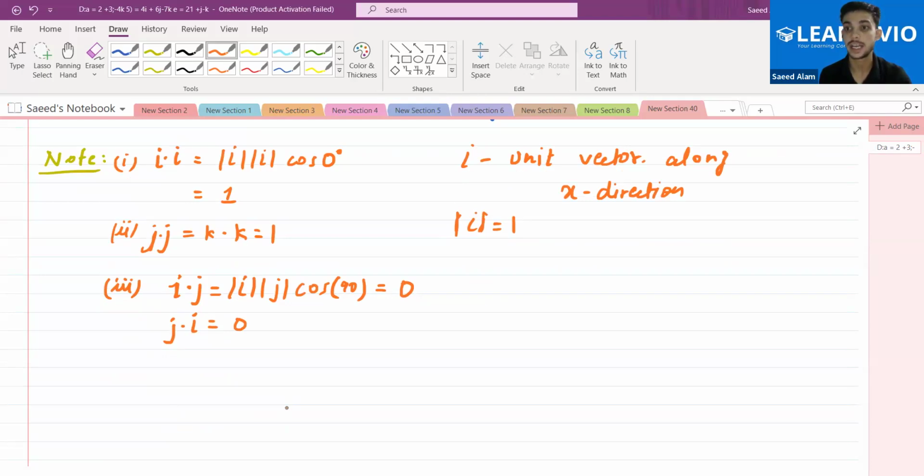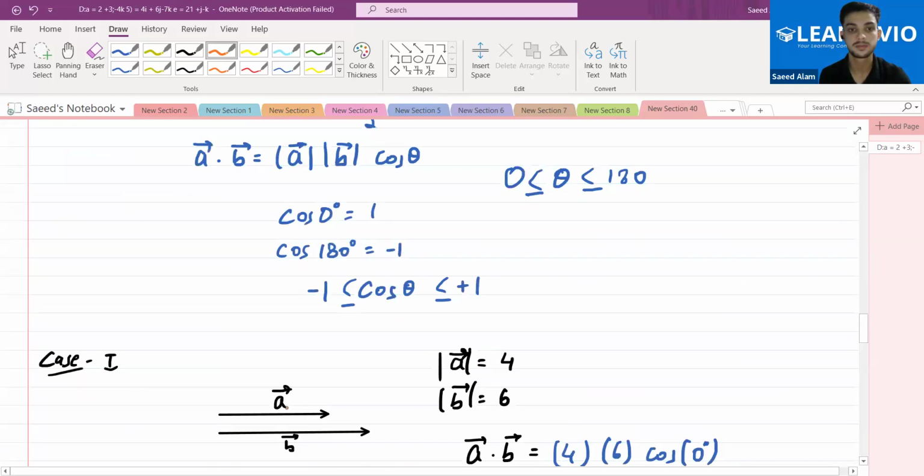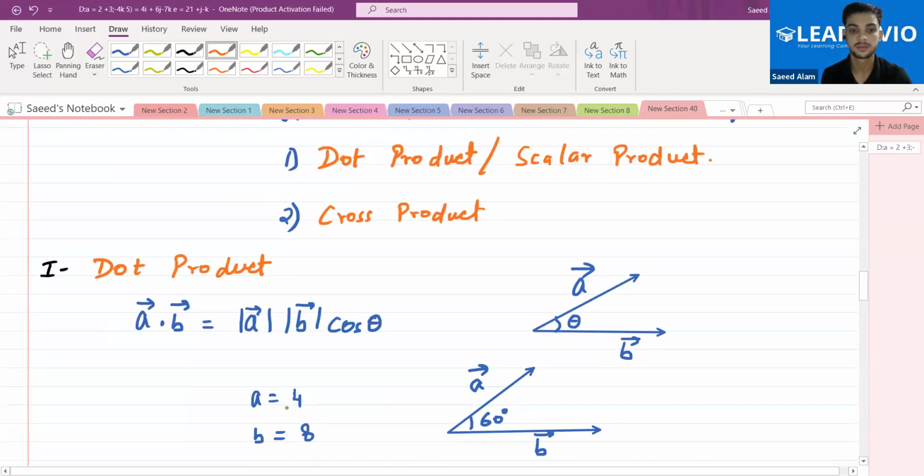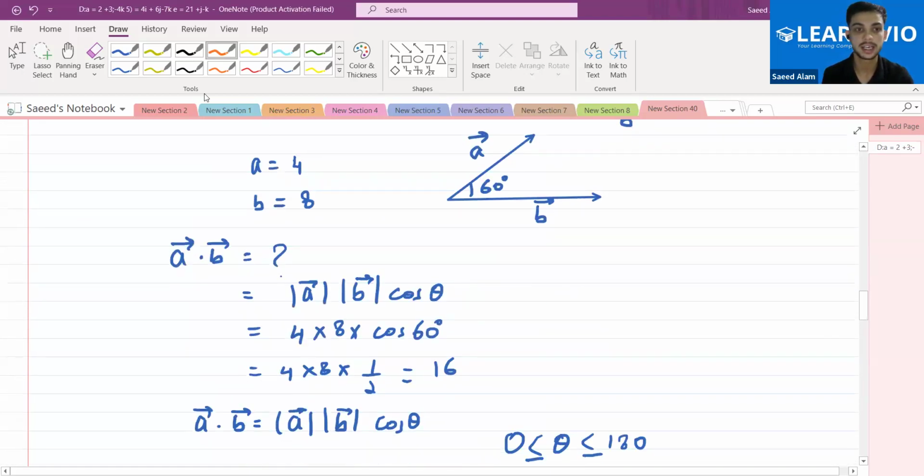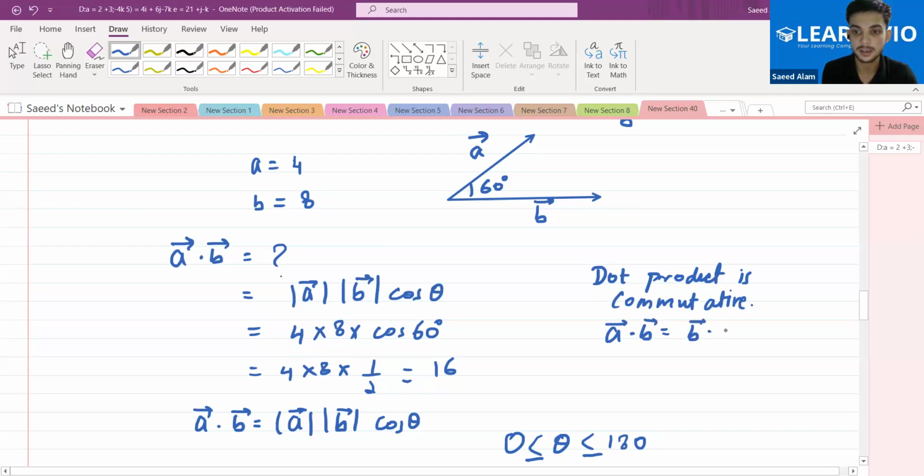So can I say the dot product is commutative? Yes. So dot product is commutative, that means A dot B will be the same as B dot A.